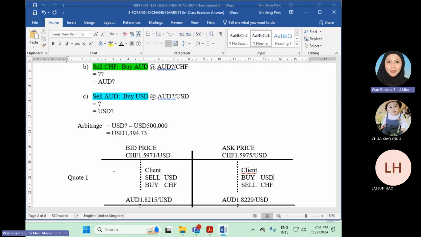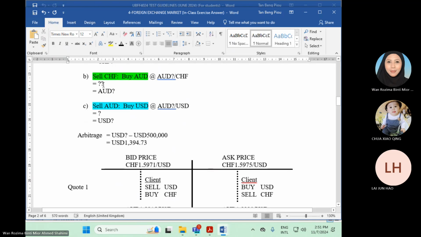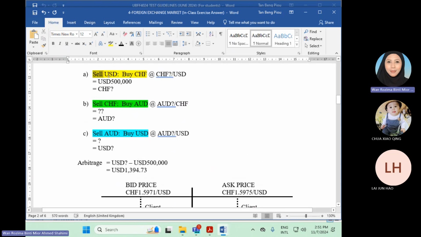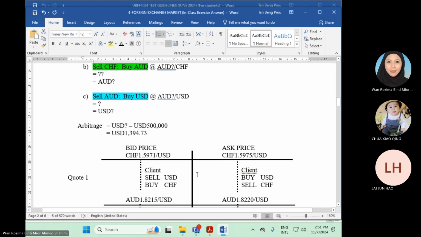Okay, you refer to your notes, I refer to this. So sell USD, buy Swiss franc. Bid price or ask price? Bid price. Okay, yellow color, bid price.